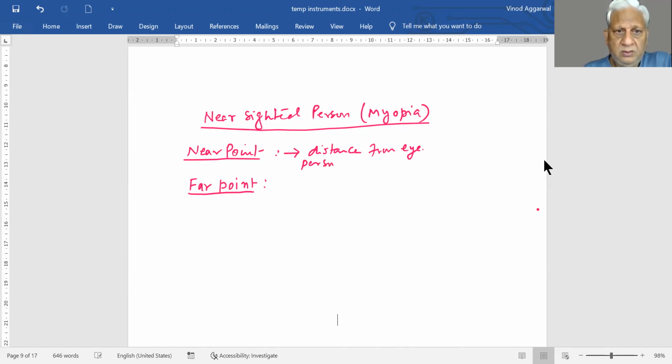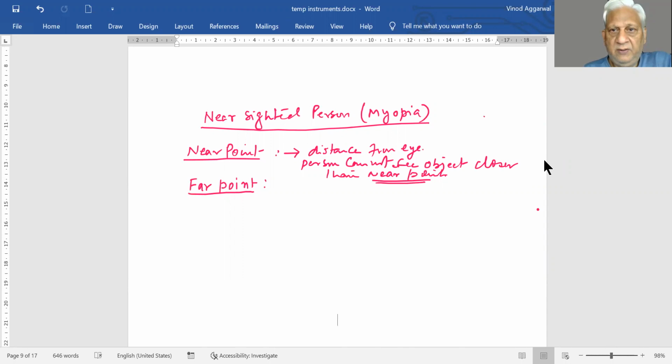A person cannot see an object closer than the near point. He can see the far point.